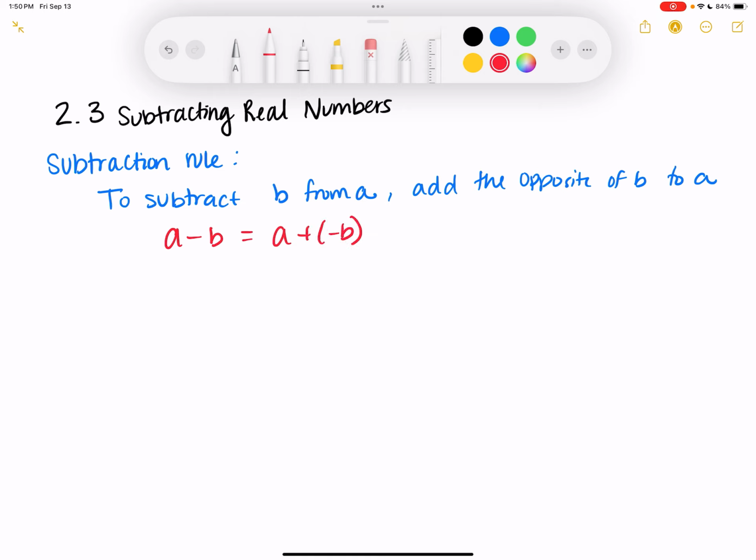So now, instead of writing plus a negative, they'll just write A minus B.